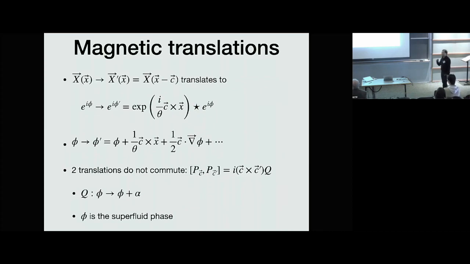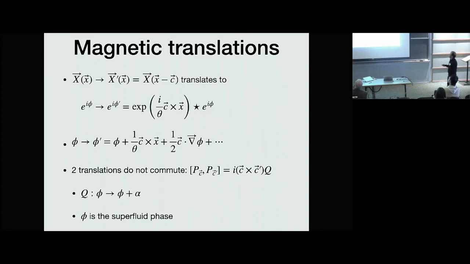Okay, so now let me tell you what the magnetic translation looks like in this non-commutative field theory. It turns out that the magnetic translation is mapped to left multiplication.